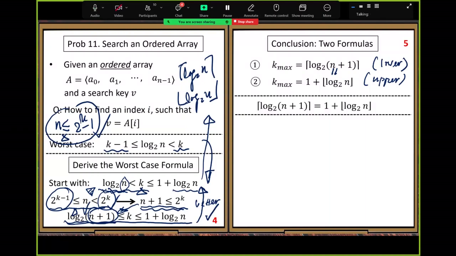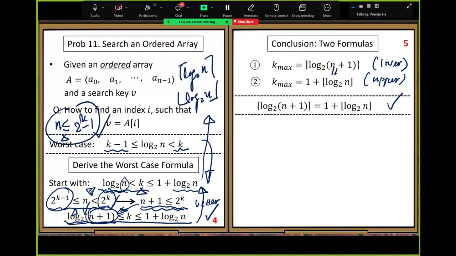This formula is given in the appendix. In the appendix, you can find this formula. For the proof, we need to apply mathematical induction. Remember, in the Fibonacci formula, we applied mathematical induction.